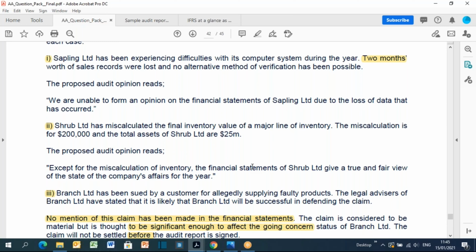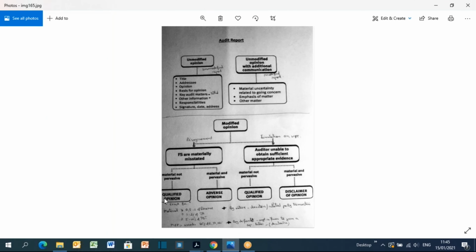You should say that in this case, because just two months were lost, you can actually work out those figures by looking at the other months. If there are more than six months, then you'll probably give a disclaimer of opinion, because you cannot just give an opinion based on the information that you have. A more appropriate opinion will be a qualified opinion, using the qualified except for.